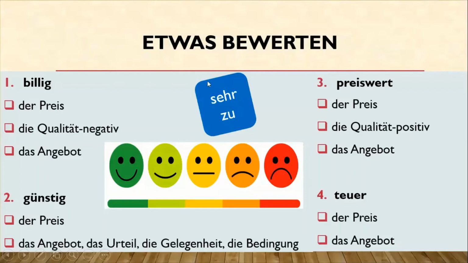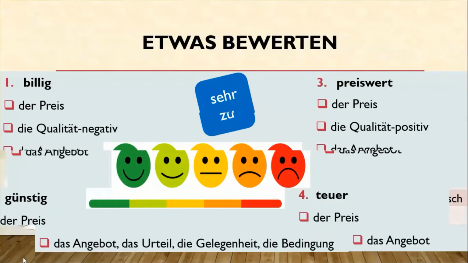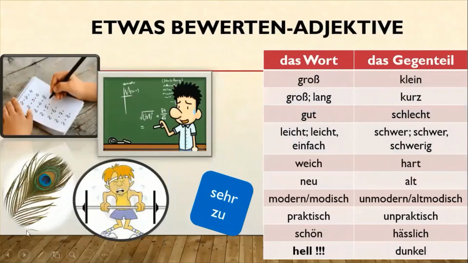So moving on, we can also value things in the German language in terms of their physical appearance. So for this, adjectives are used.